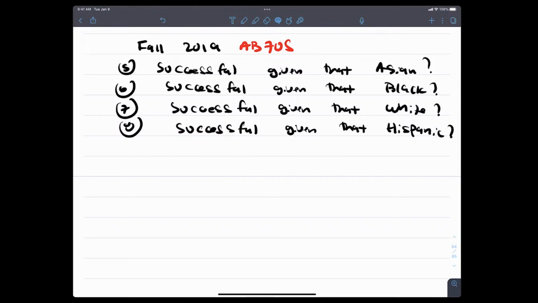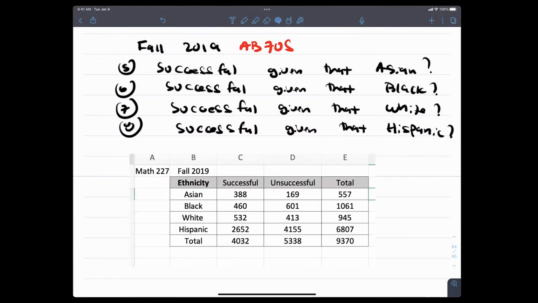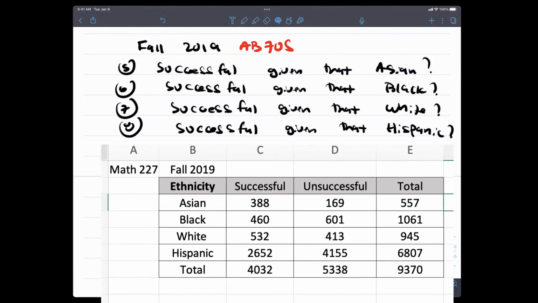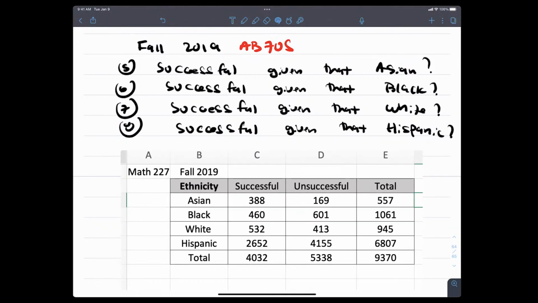Now that you guys know how to do this, I'm going to give you time to do this yourself. We're going to see how well you guys do with this stuff. There we go. We need a clock. We're going to give you guys some time to compute these things, okay? All right, get these success rates.